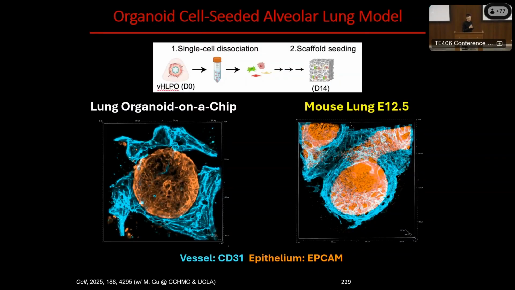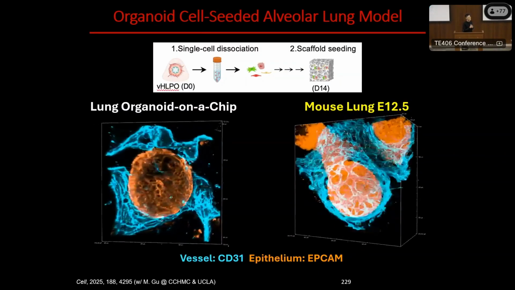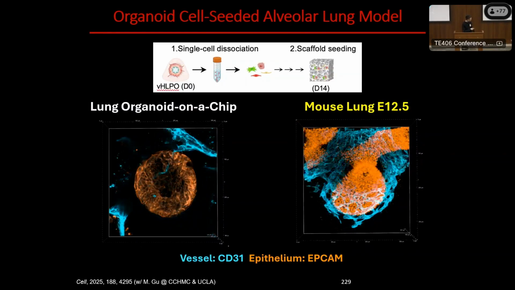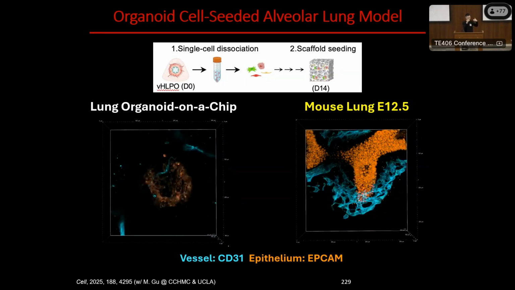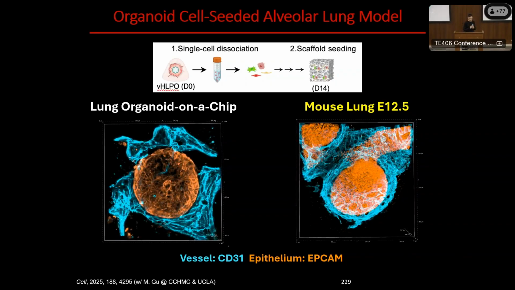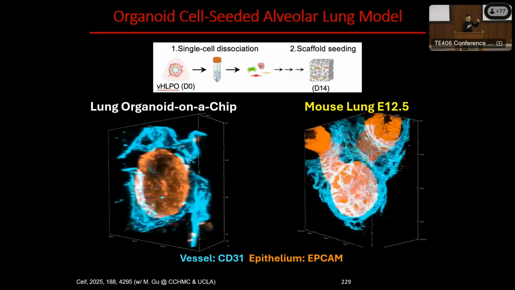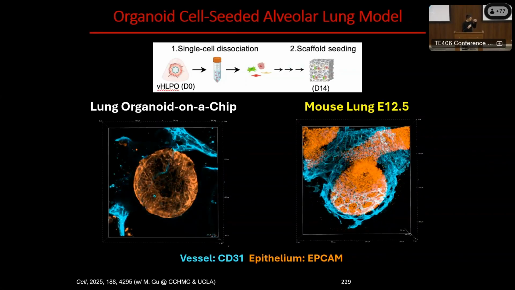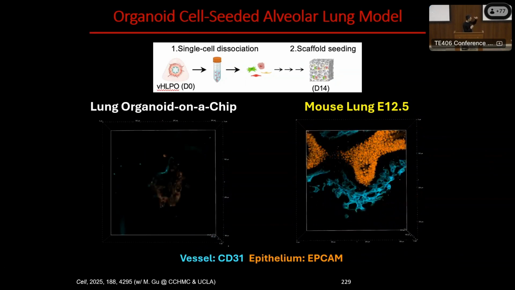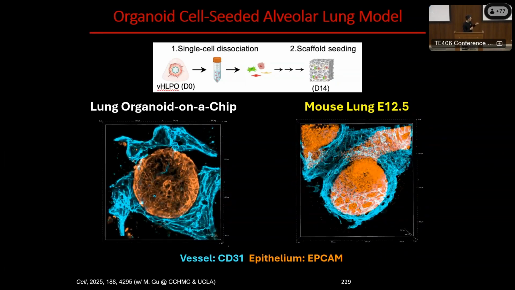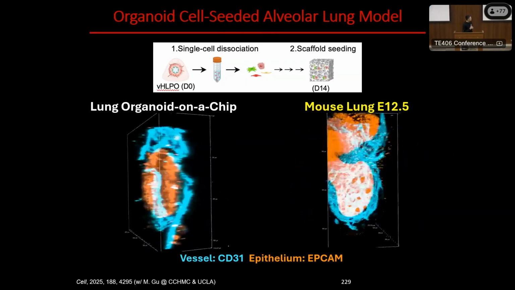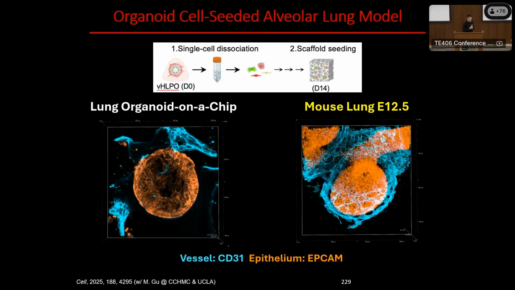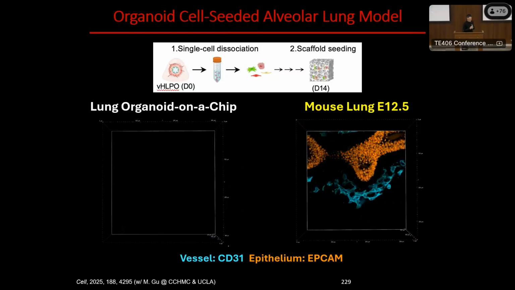It's very interesting that these cells were able to reorganize themselves according to the structure of the scaffolds, with the epithelial cells first lining the surface of the scaffolding system, followed by the endothelial cells, with the epithelial cells sitting on top of them, forming a very nice structure that's quite similar to a mouse lung structure at embryonic day 2.5 in vivo.